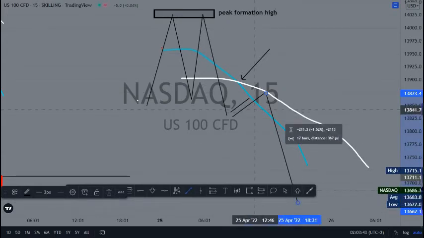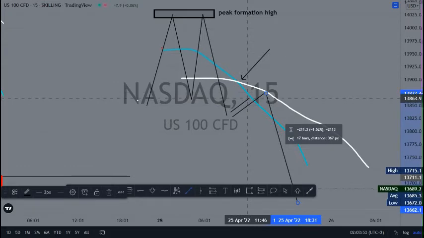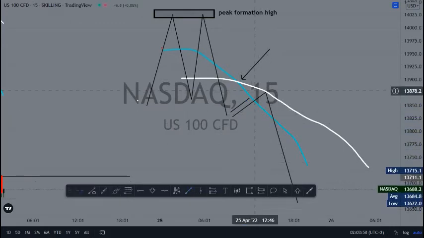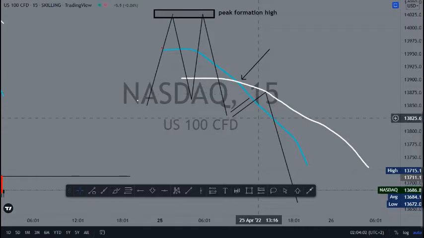So the market can go up to the 200 EMA and then drop, or the market can simply go to the 50 moving average and then drop. We are going to dive deep into the charts and see how we can get these entries.